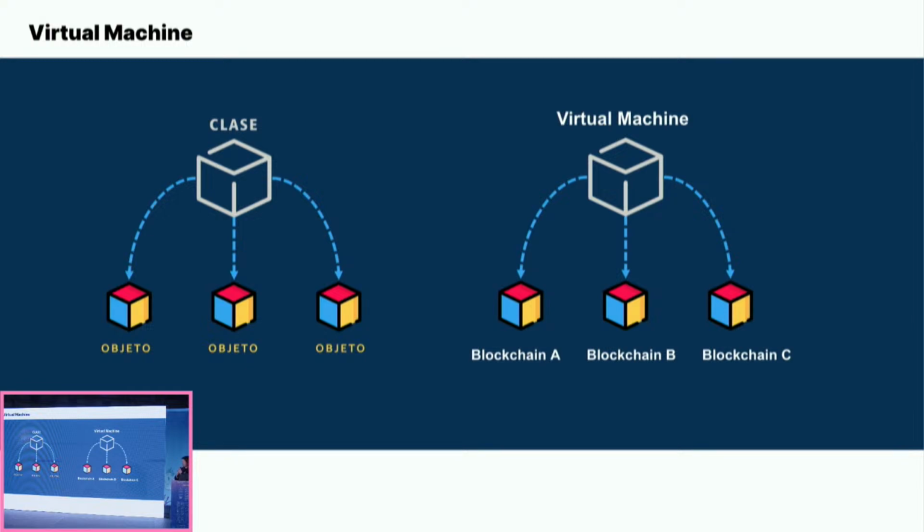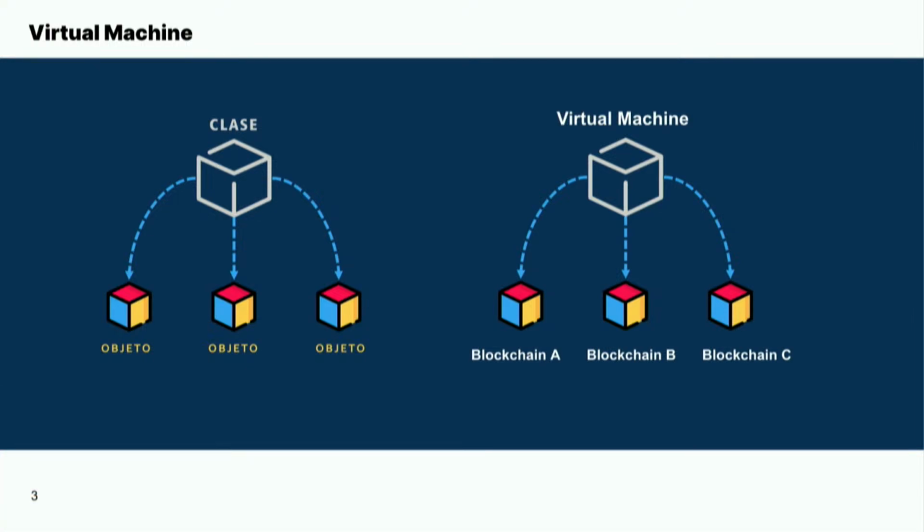You can think of virtual machines, for those that are familiar with object-oriented programming, as classes and instances. In the same way that you have classes and objects, you have a virtual machine, and you can have an instance of that virtual machine, which is a blockchain.